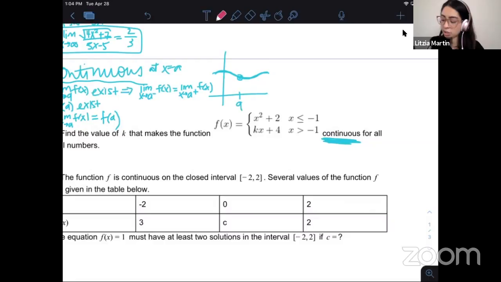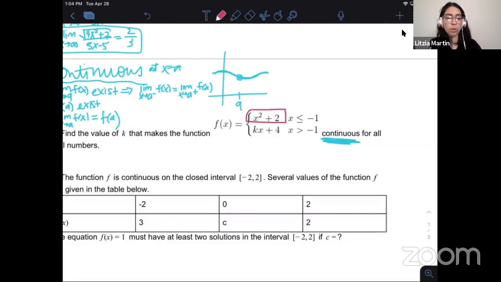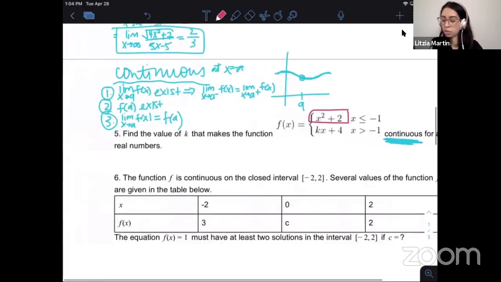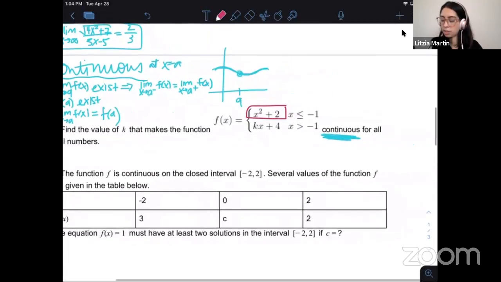Here we have x squared plus 2. We're checking continuity when x is equal to -1, and this is x less than or equal to -1, so that's the left side there. Let's write this out here.